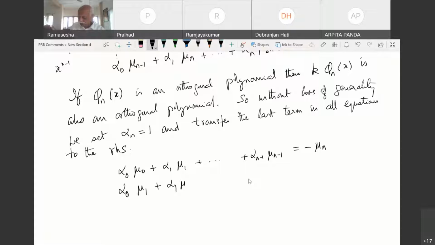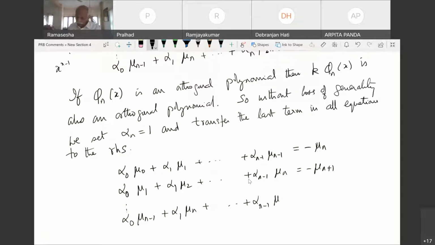Alpha naught mu n minus 1 plus alpha 1 mu n plus etc. plus alpha n minus 1 mu 2n minus 2 is equal to minus mu 2n minus 1. Is that what I'll get?